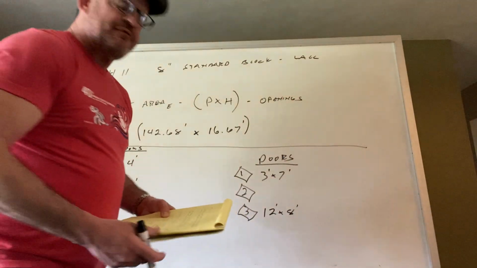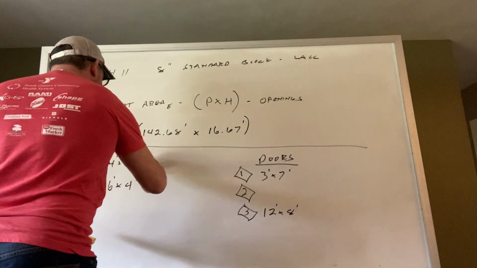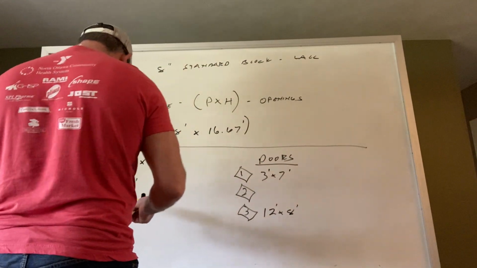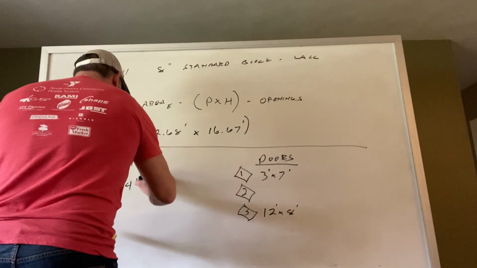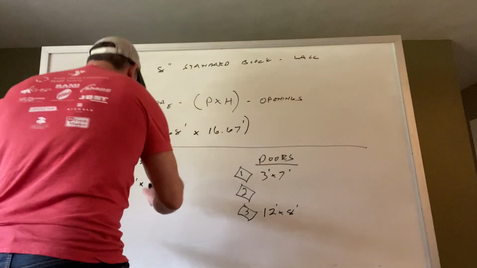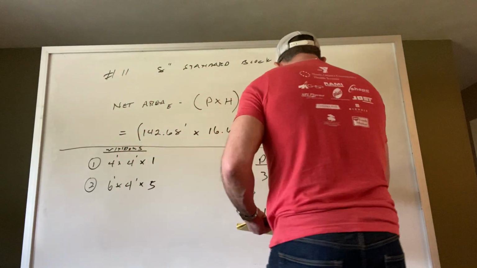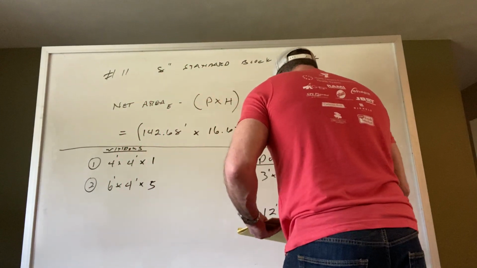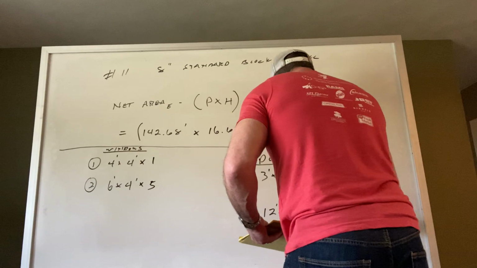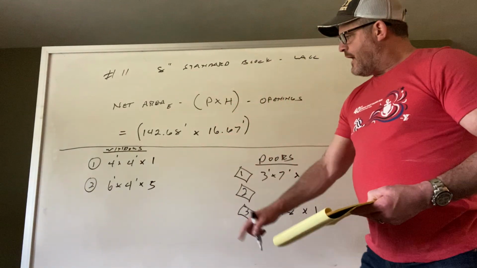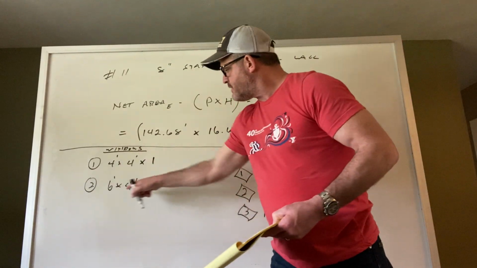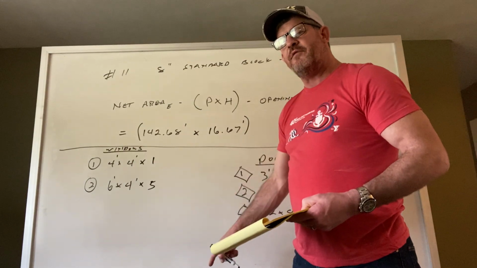Next, I go back to that floor plan and I determine how many of each I have. How many window number 1s do I have? I have 1. How many window number 2s do I have? I have 5. How many door number 1s do I have? I have 2. How many door number 3s do I have? I have 1. Now, all we have to do is multiply that across and then add all that information together.